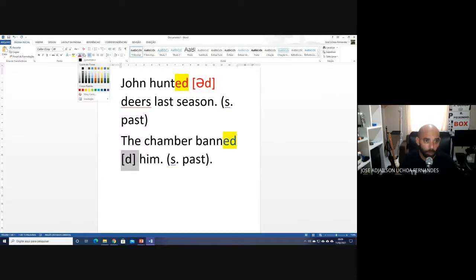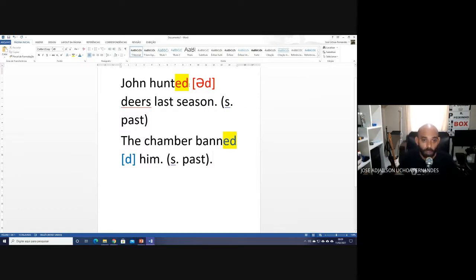Phonemes are different for sure. And phonetically, they are different. But morphologically, they are the same. They produce the same verb tense. They have the same function of inflecting a verb from the infinitive, from its natural form, into simple past.